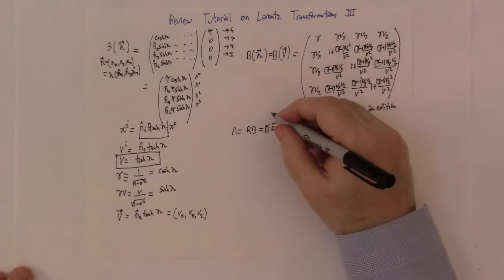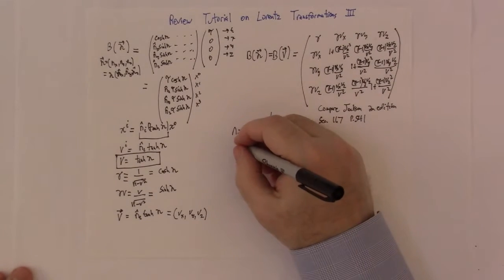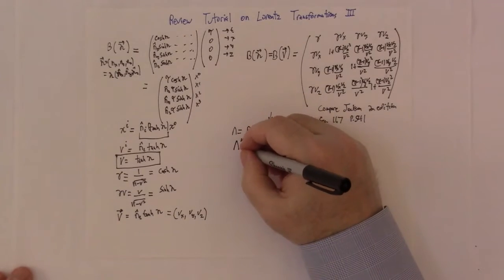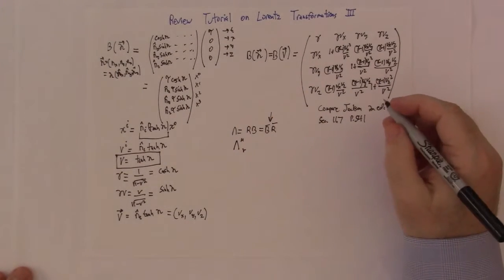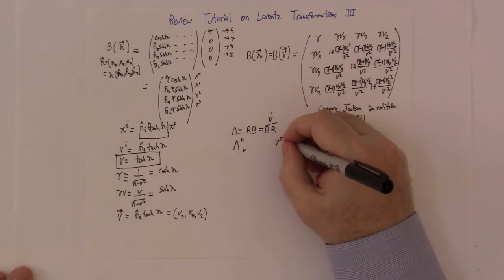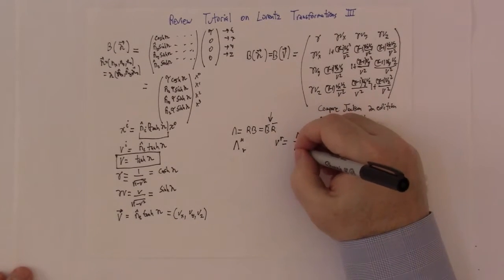So given a Lorentz transformation lambda mu nu, first thing you do is you define the velocity part of it, and it turns out to be very easy. The velocity part is given by lambda r0 over lambda 0, 0.